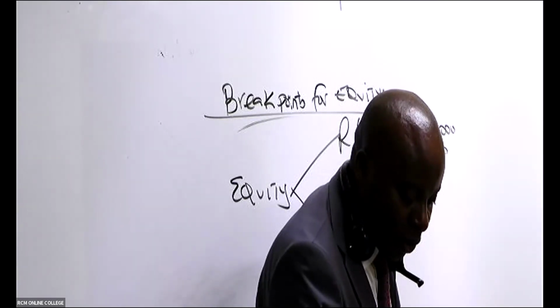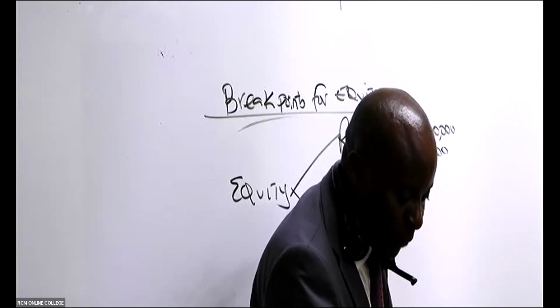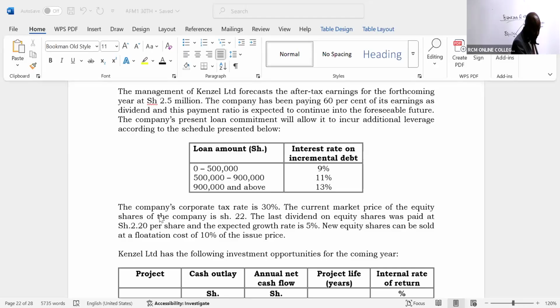If you read about this ordinary share capital, second paragraph, after the loans table, we are told the company's corporate tax rate is 30%. And the current market price of the equity shares of the company is shillings what here? 22. The last dividend on equity shares was paid at 2.2 per share, and the expected growth rate is 5%.